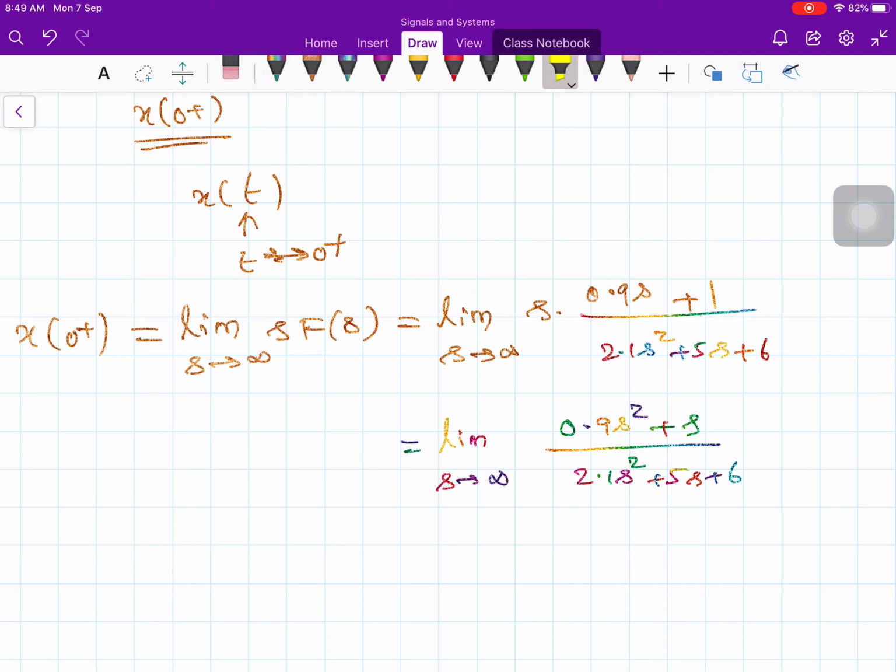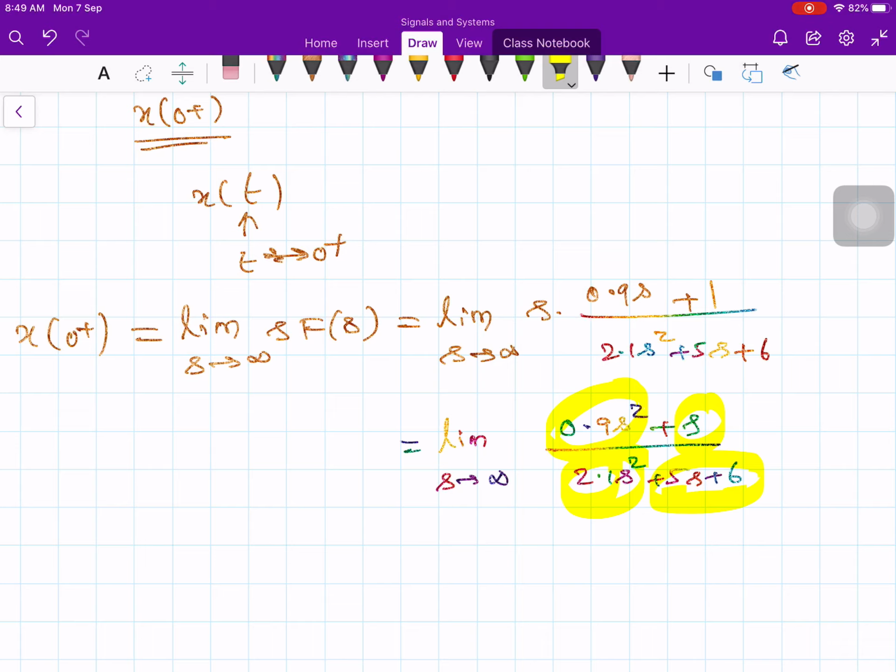This 0.9 with s squared and this 2.1 are the leading coefficients, because the s term, the 5s and the 6 become insignificant compared with the first term as s becomes larger and larger. So you take the ratio of the leading coefficient terms.